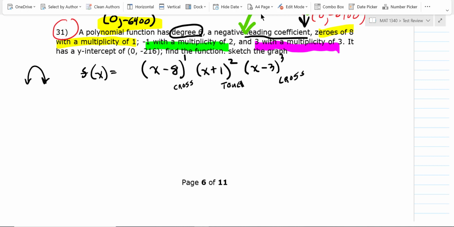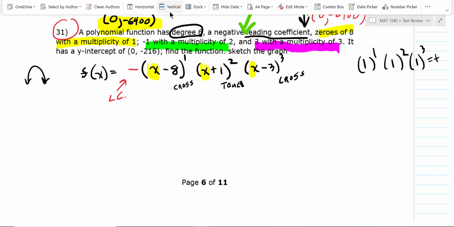Now, there's a couple of things that are kind of important on this. The leading coefficient is negative. What you're really always just doing is looking at the numbers in front and raising them to those powers. Right now, if you do that, that's a positive number. I need to make this negative, so I can put a negative there for the leading coefficient.